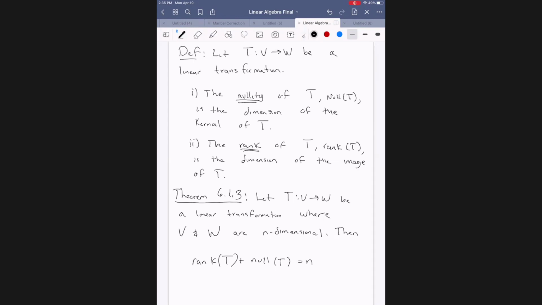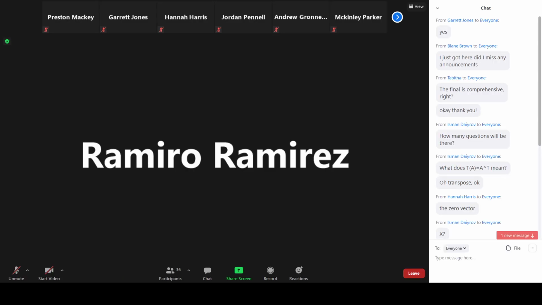Like f of x equals x squared, the output 4 has two inputs, 2 and -2, so that's not one-to-one. Anything where for every output there's exactly one input is what it means to be one-to-one for normal functions. Well, we have a similar notion here, and it's exactly the same thing. For every output, there's exactly one input.